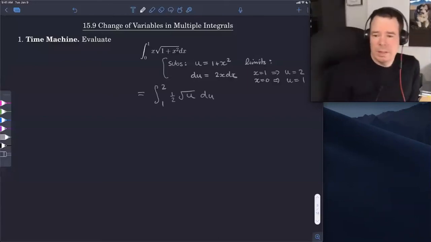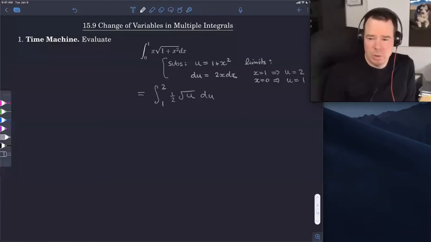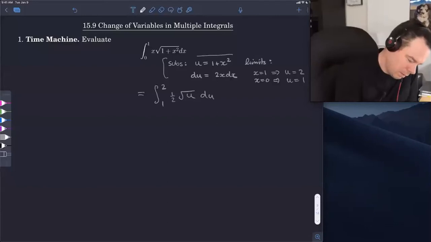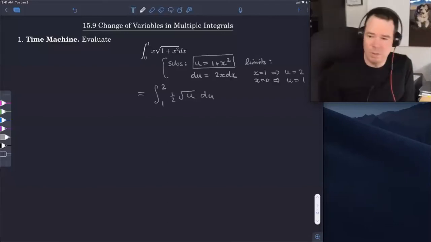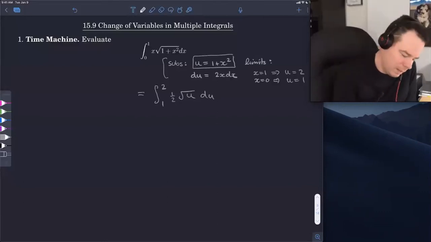And so that was the idea with this thing called substitution. We try to make a change of variables. See now how this ties in with the current lecture. Change the variables, u equals 1 plus x squared, and we re-express this integral in terms of the new variable u and its limits of integration.